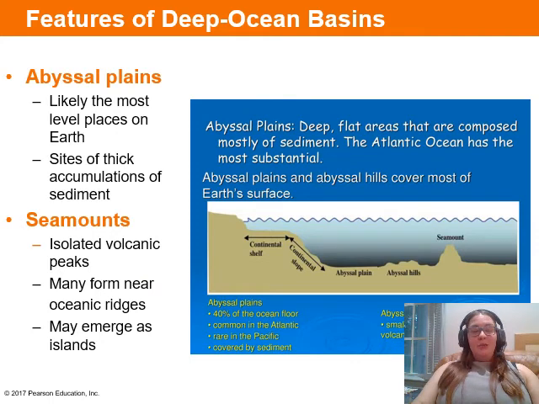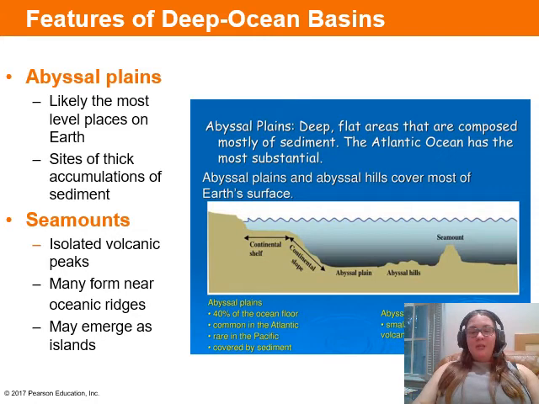But in addition to our deep sea trench, we're also going to see abyssal plains developing. These are going to be really deep and incredibly flat areas of our seafloor. So abyssal just means deep and plains mean flat. And we see that these abyssal plains are probably the most level or completely flat places on our entire planet.